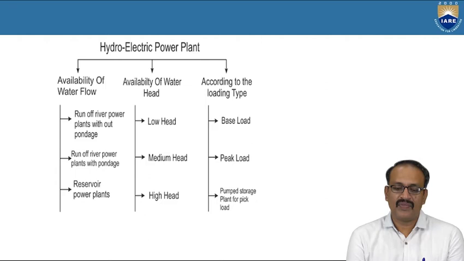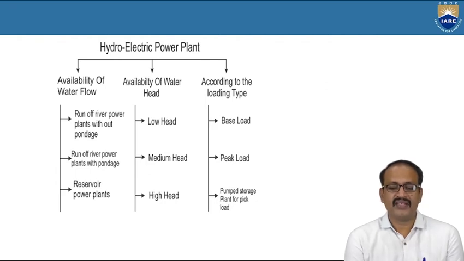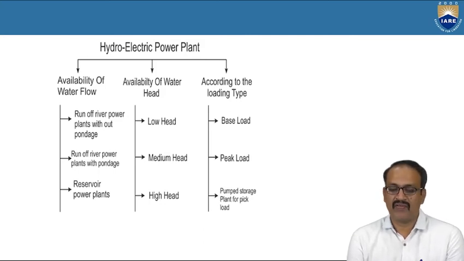So here, in a hydroelectric power plant, we look at the availability of water flow and the availability of water head according to the load type.